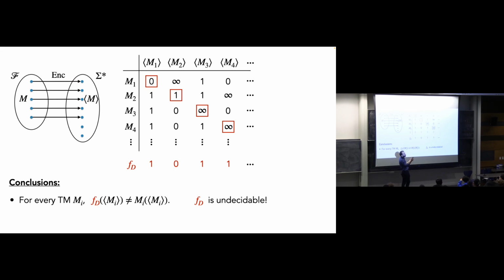So whenever I write M1, just think of it as a mapping from sigma star to 0, infinity, 1. And then I'm creating another mapping from sigma star to 0, 1, which differs from all the other Turing machines. You could say it's a decision problem. Yes, exactly, it's a decision problem.